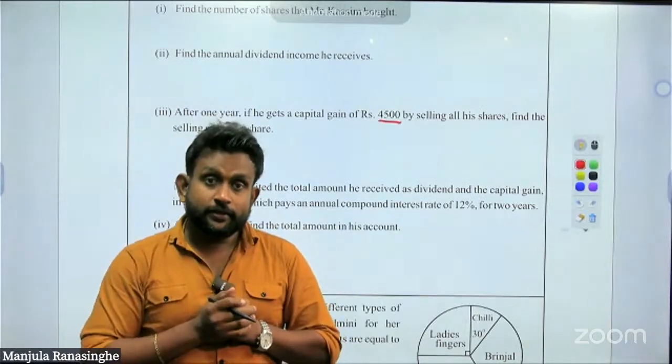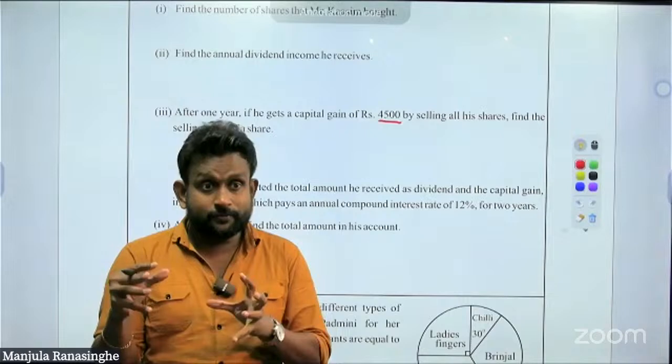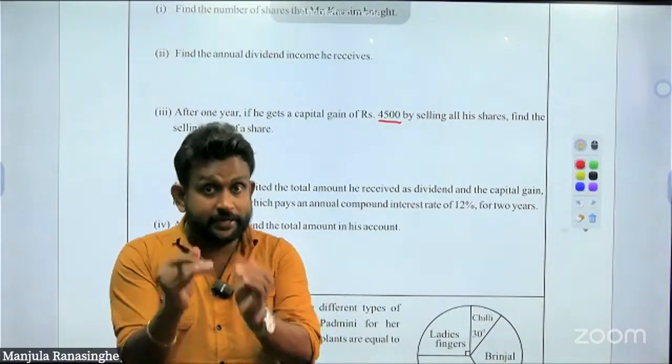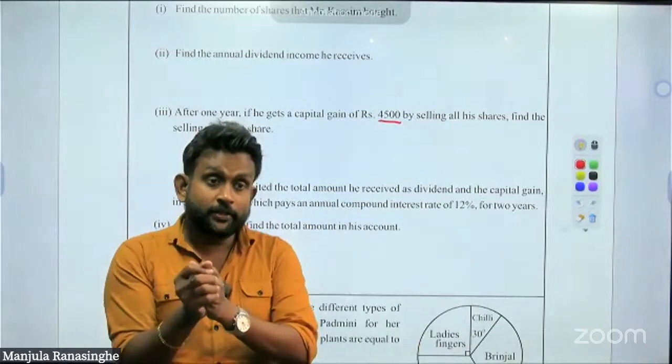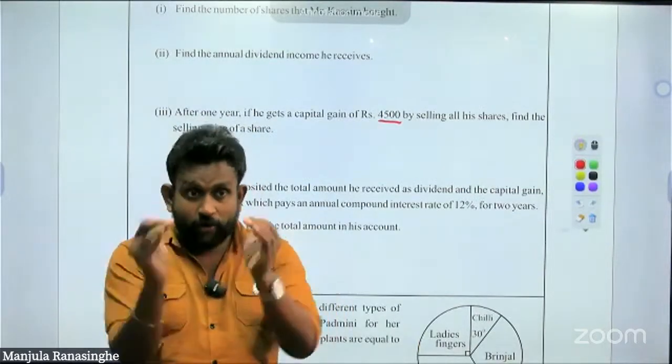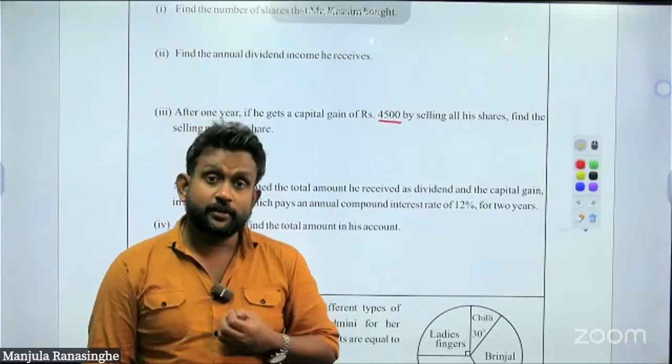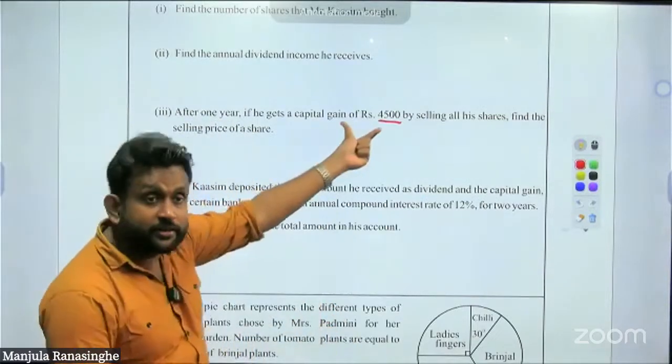That difference between buying and selling is the capital gain per one share. Then the total gain is the gain from one share multiplied by the number of shares. That's how this 4,500 came.